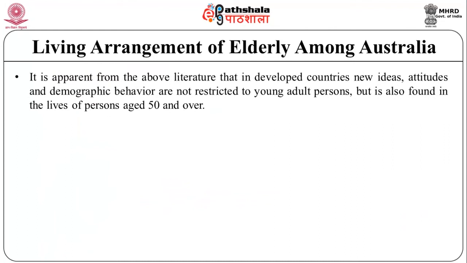It is apparent from the above literature that in developed countries, new ideas, attitudes, and demographic behavior are not restricted to young adult persons but are also found in the lives of persons aged 50 and over.